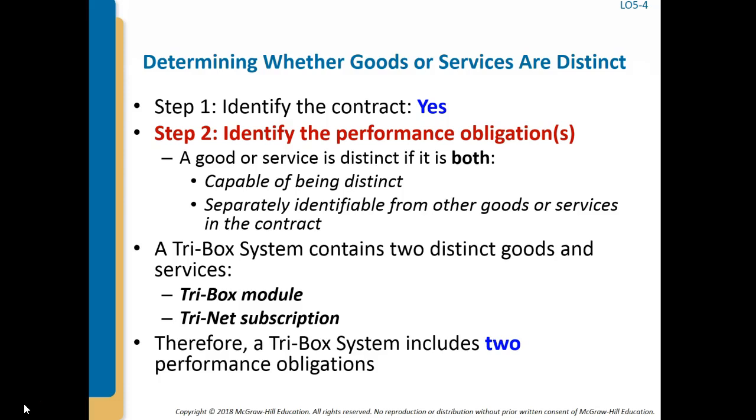So in conclusion, the module and subscription are distinct, so the contract has 2 performance obligations. First, the delivery of a TriBox module, and then the fulfillment of a 1-year TriNet subscription.